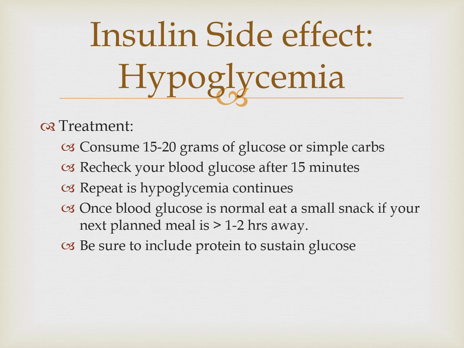We have 15 grams of that come in glucose tablets. Sometimes there's a range. Please read the bottle because different brands have different amounts of glucose. 2 tablespoons of raisins, a tablespoon of sugar or honey, hard candies.